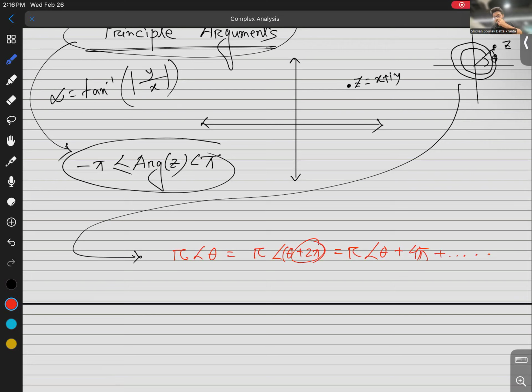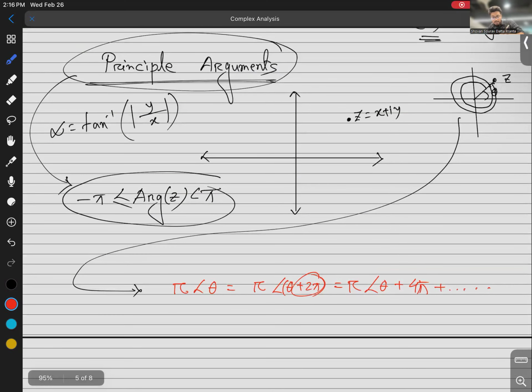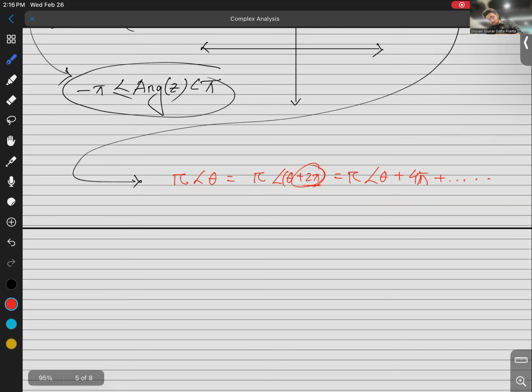Obviously, adding 2 pi means we are following the counterclockwise rotation, but if we follow the clockwise rotation, then we'll also get the same angle, that is theta minus 2 pi, theta minus 4 pi, and all these angles are exactly the same. So there are an infinite number of angles, because if we add or subtract any multiple of twice pi, then we'll get the same angle here.